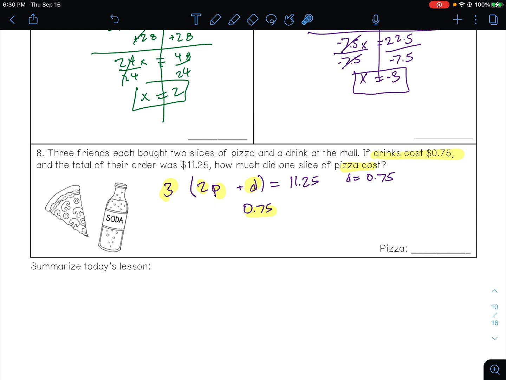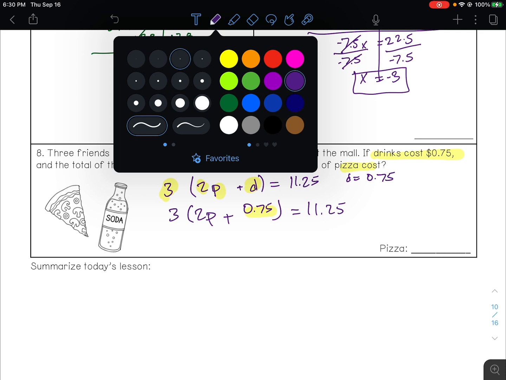You may even think in your head, well, if they bought 2 pizzas and a drink, can I just say 6p plus 0.75 times 3? Yes, that's essentially what we're doing. So let me write it out. 3 parentheses 2p plus 0.75 equals 11.25.